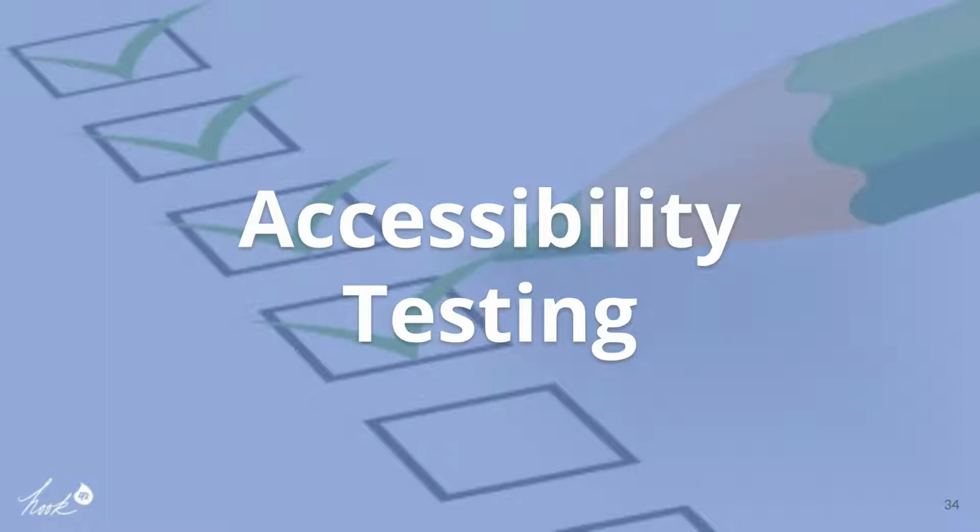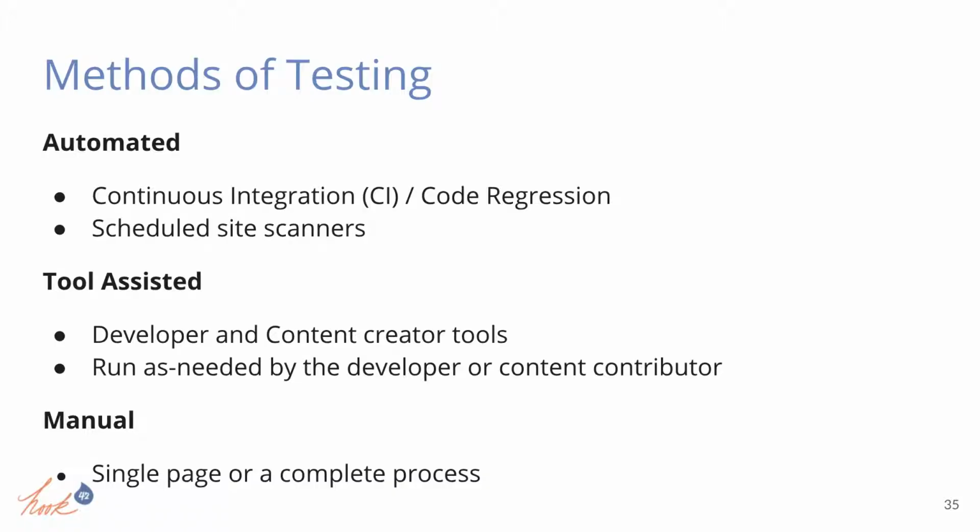We're going to talk a little bit about accessibility testing specifically now. There are a few methods of testing, and some are automated. Technically, an organization will call things automated or manual, but I stuck another level in here. Automated, in my sense, means you can use tools like continuous integration tools.